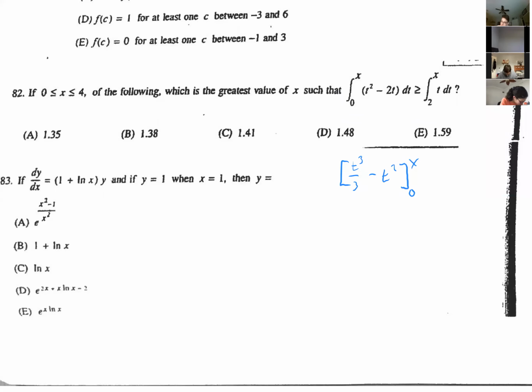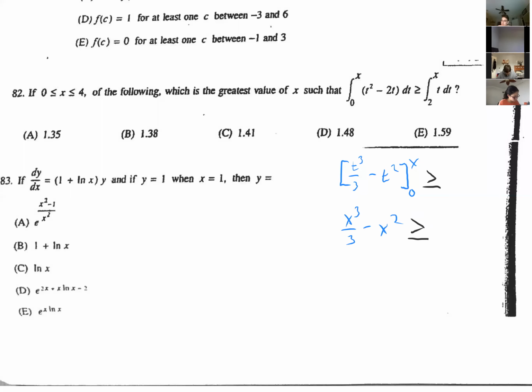And this is going to give me x cubed over 3 minus x squared. And this needs to be greater than or equal to, because when you plug in 0, it just goes away. So you don't even have to worry about plugging in 0.